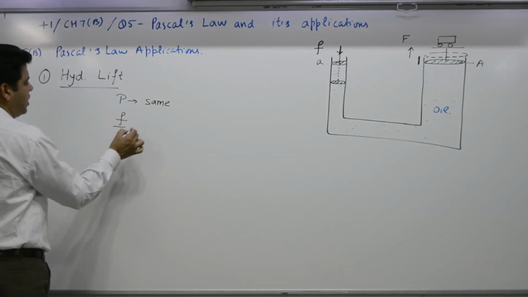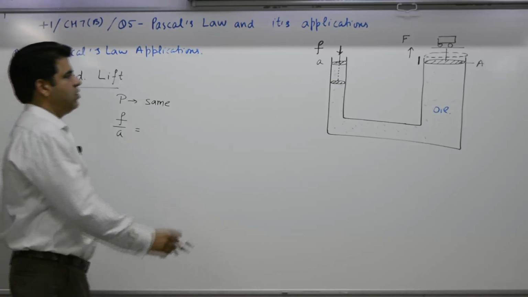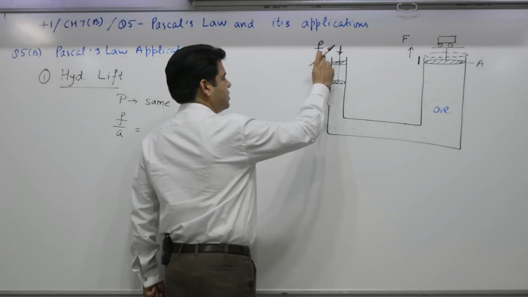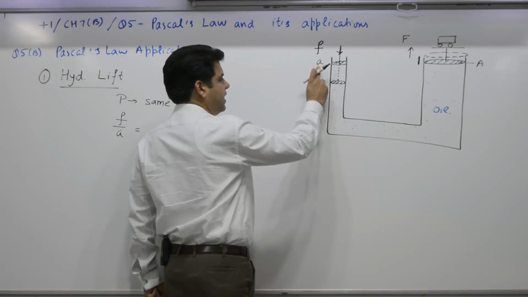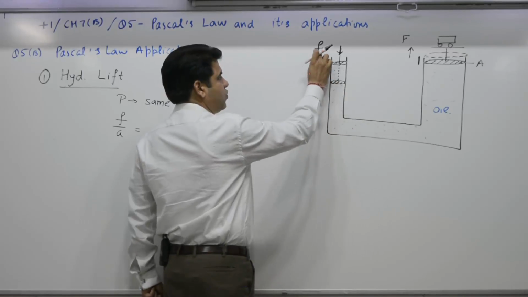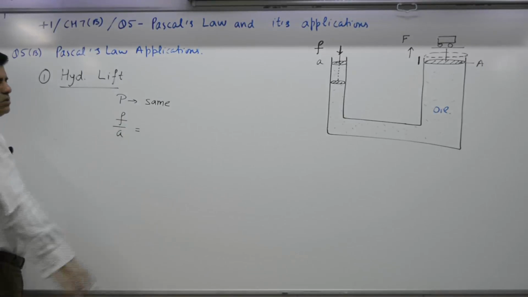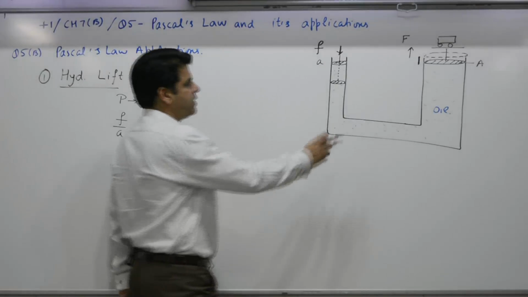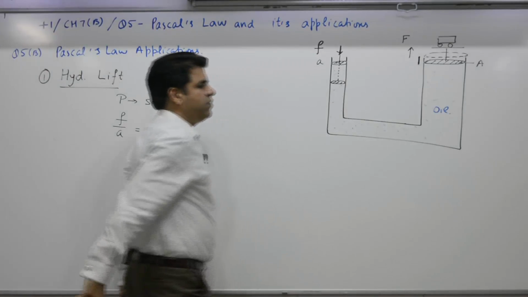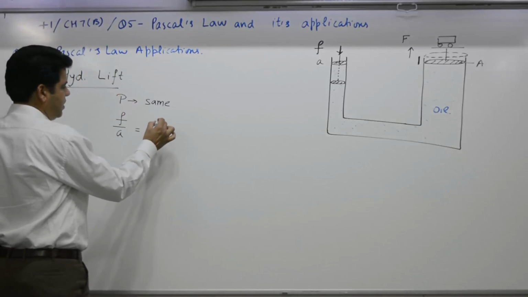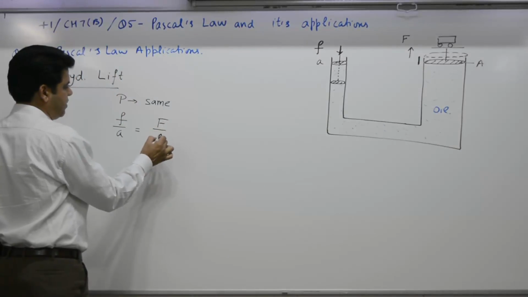On this side, the applied force is small f, the area of the piston is small a, and pressure is force divided by area. So pressure on the left side is small f by small a. On the right side, force is capital F, area is capital A, pressure is capital F by capital A.